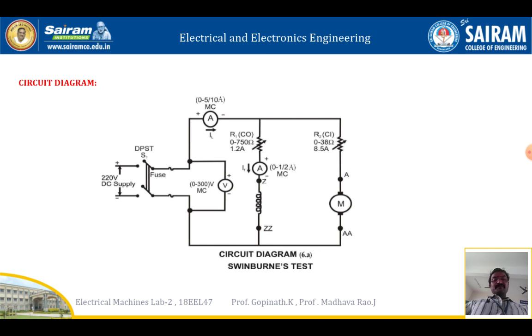That's why we go for a rheostat which can withstand the particular currents, 8.5 amps. In the case of the field, the maximum current will be 2 amps because it's a shunt motor, so that rheostat is 0 to 750 ohms, 1.2 amps.